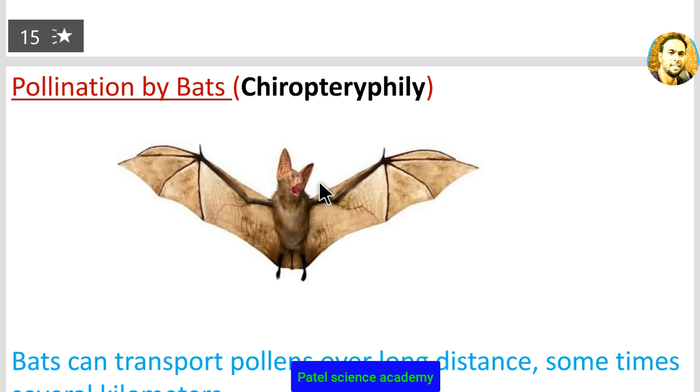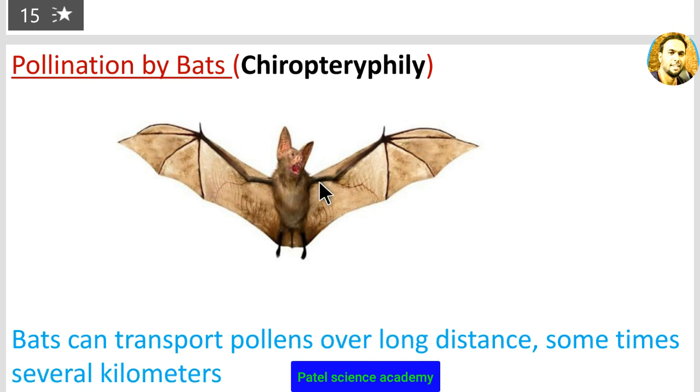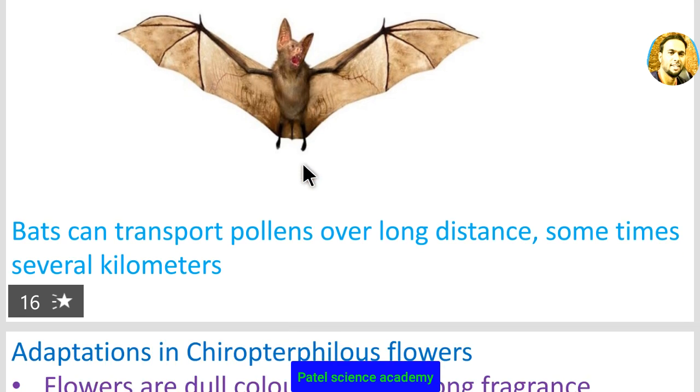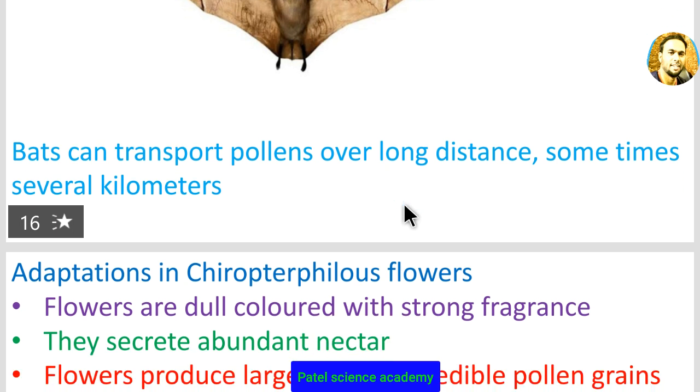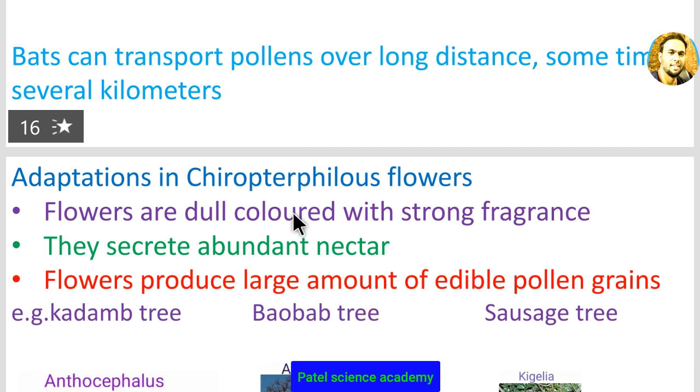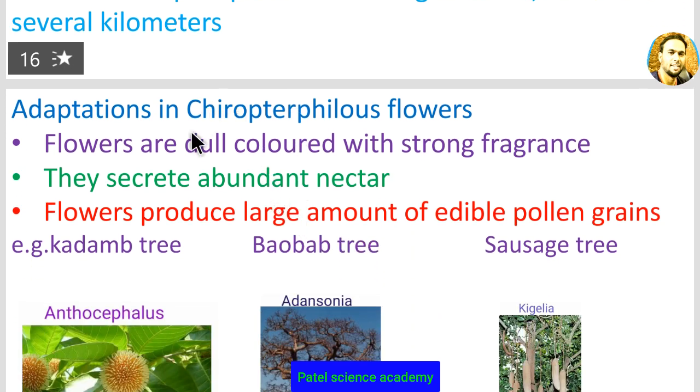Hence, this type of pollination is called chiropterophily, meaning the pollination by the bat. Bats can transport pollens over long distance, sometimes several kilometers too. So there are some adaptations in these chiropterophilous flowers, the flowers which follow the process of the pollination by the bats.